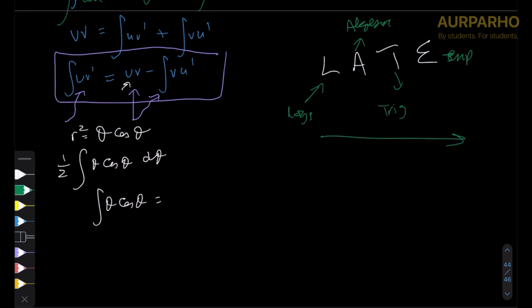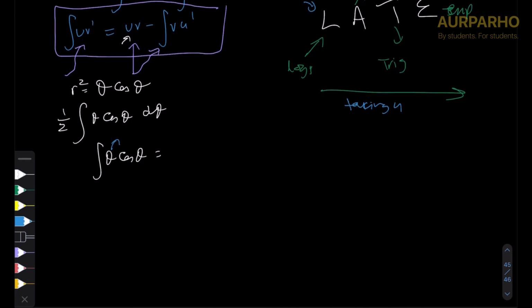And this is basically the decreasing order of preference for the taking of u. So for example, if you have any log in the function, that is most preferred to be taken as u. Here we have algebra and we have trigonometry. So A comes before T, so I will take theta as u and cos as v prime.